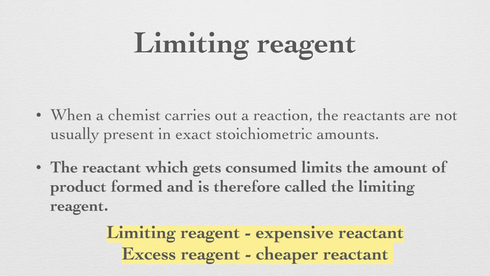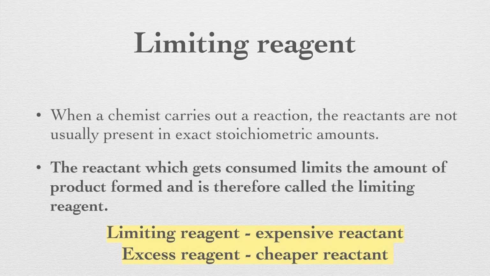Our goal is always to get the maximum amount of product. That means the quantity should be more. So our goal is to produce the maximum quantity of the useful compound from the starting material. What we do is supply a large excess of one reactant, so that the more expensive reactant is completely converted into the desired product.